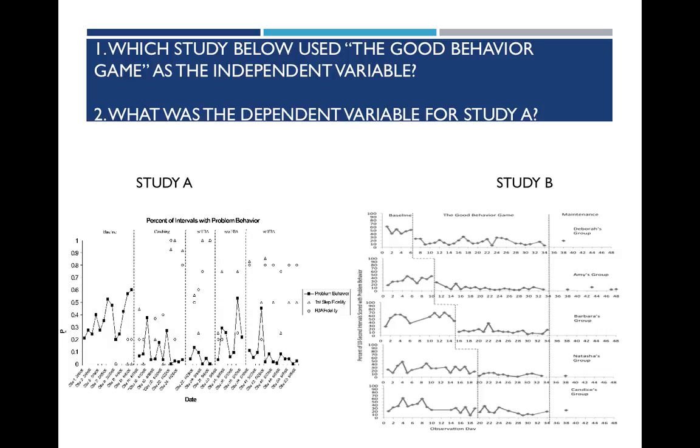Take study A. If you want to look for the independent variable, you typically look at the phase change labels. So this is a study looking at the manipulation of whether functional behavioral assessment was being used in the phase. So baseline would be without FBA.